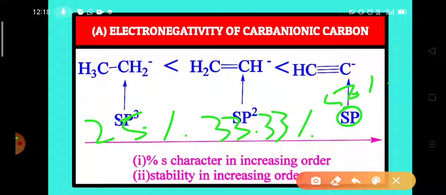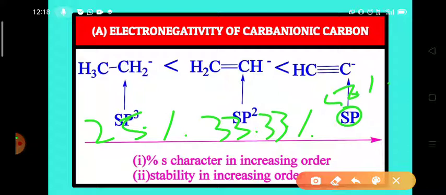So as the percentage of S orbital increases, electronegativity increases. This is because we know very well that the S orbital has a spherical shape. As a result, it penetrates towards the nucleus, and it goes very close to the nucleus compared to the other orbitals.